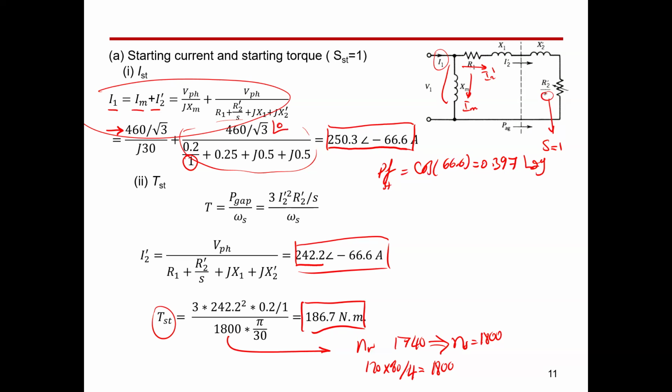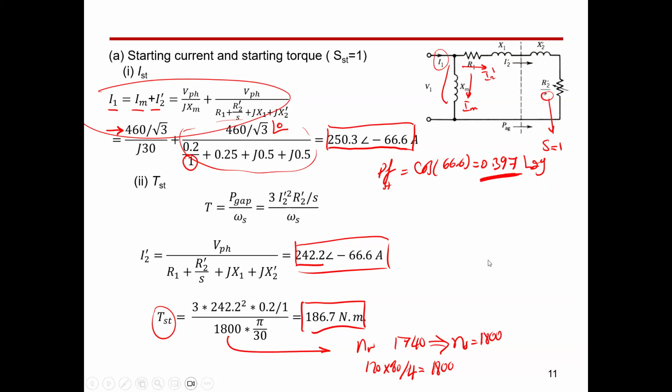At starting, it's not going to be different in nature from full load or any other loading conditions, but all the time, the power factor of the induction motor is lagging. It's not possible to be unity or leading power factor. So we got here 0.397. This is very small power factor.